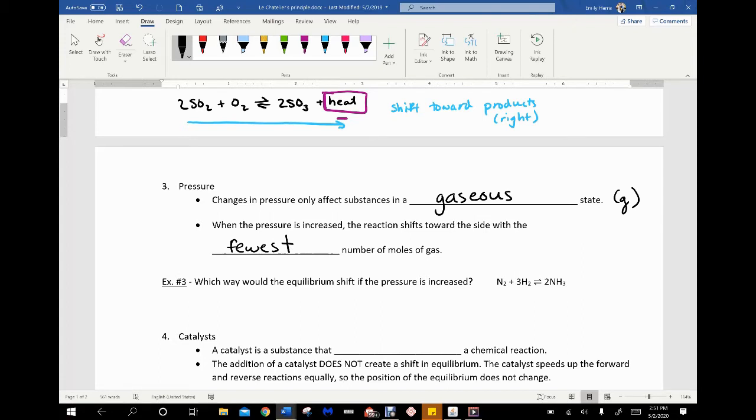And so on the flip side, if pressure is decreased, you'll want to shift to the side with more gas in order to try to maintain that pressure that was lost. So if pressure is decreased, shift toward the side with more gas.